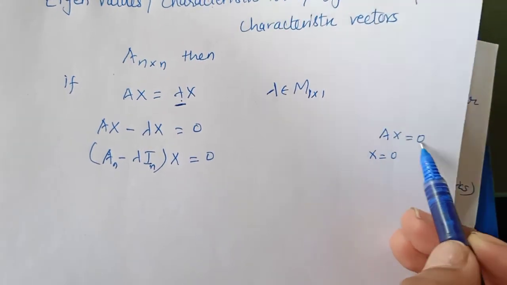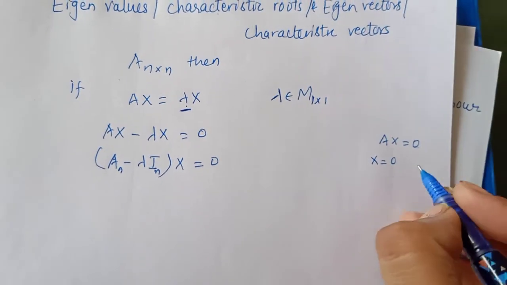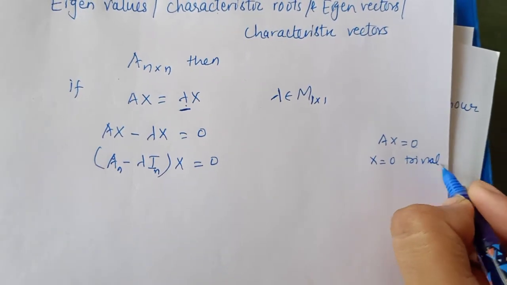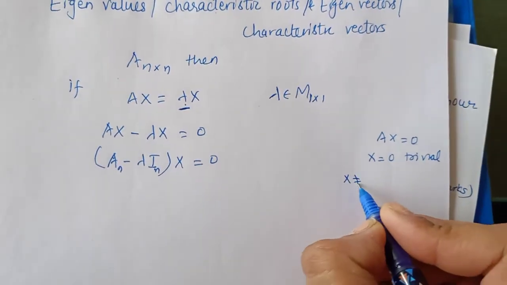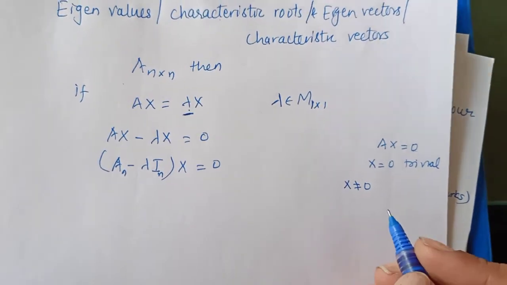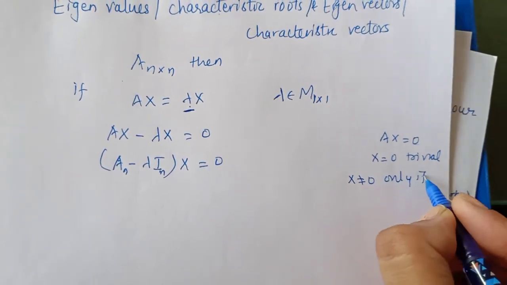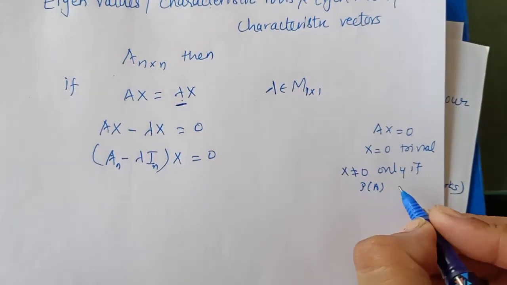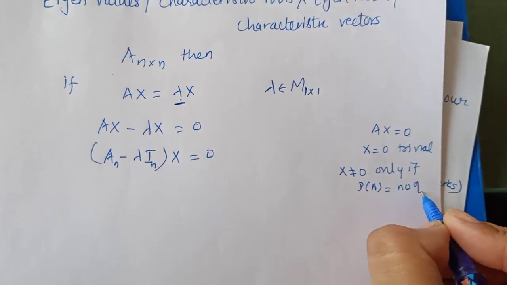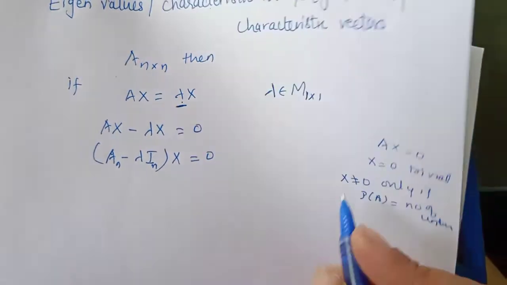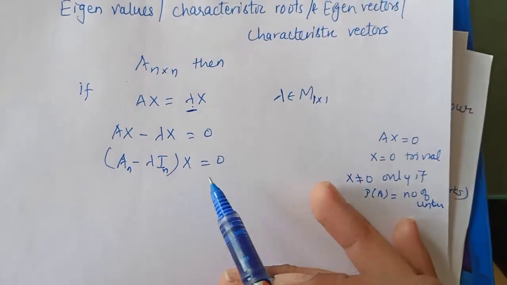X is equal to 0 is always a solution of this, and it is known as the trivial solution. And it will have a non-trivial solution or a non-zero solution only if rank of A is less than the number of unknowns. So I will need a non-trivial solution.